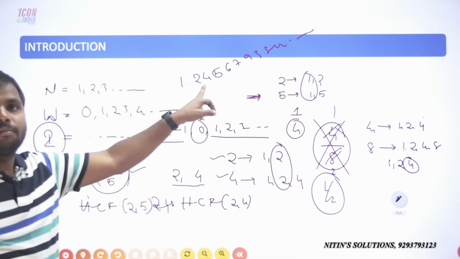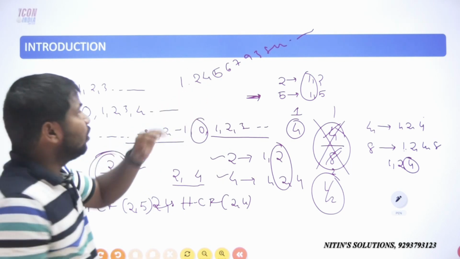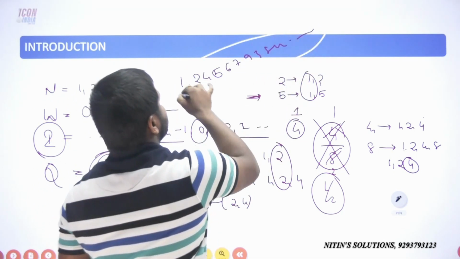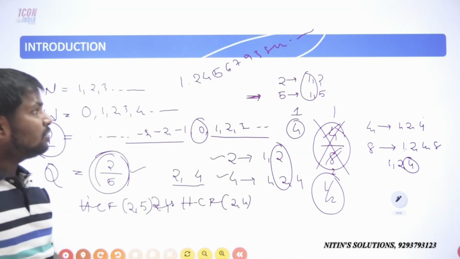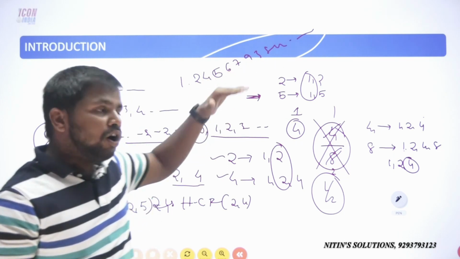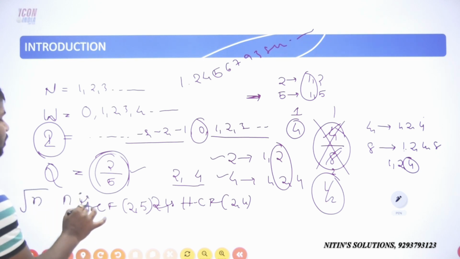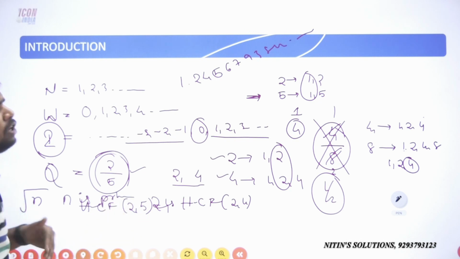Can I represent this number on the number line? We cannot, so this is an irrational number. All the irrational numbers are in the form of root n, where n is a prime number, n is not a perfect square.